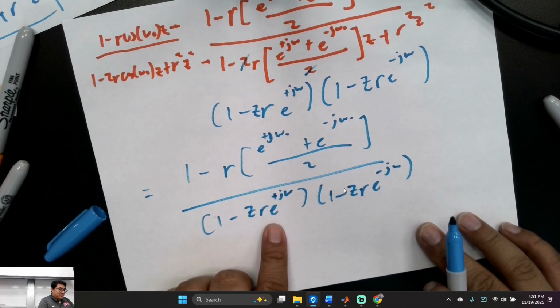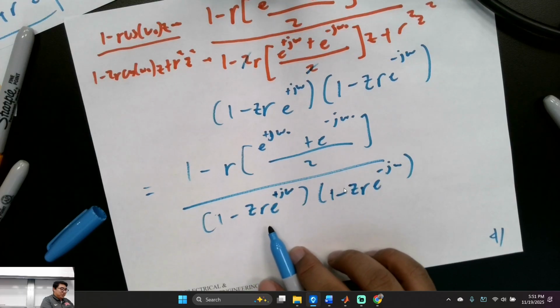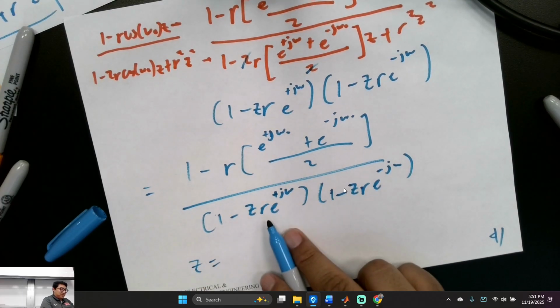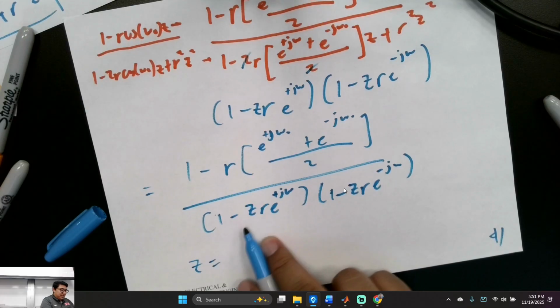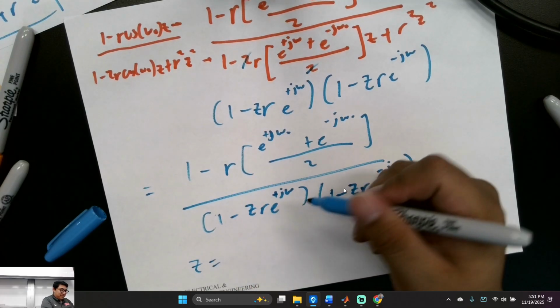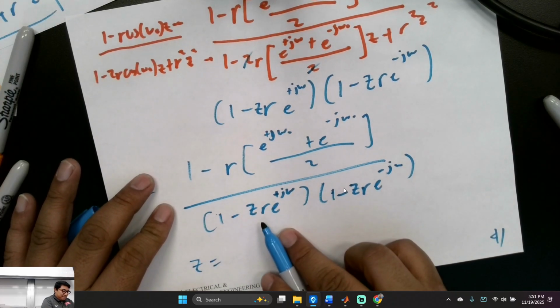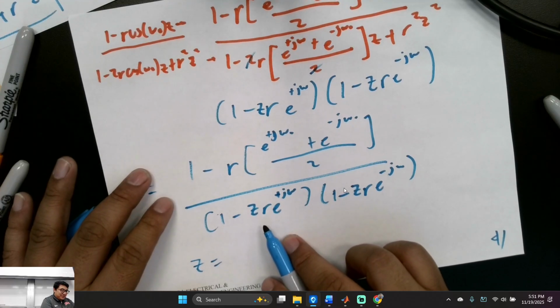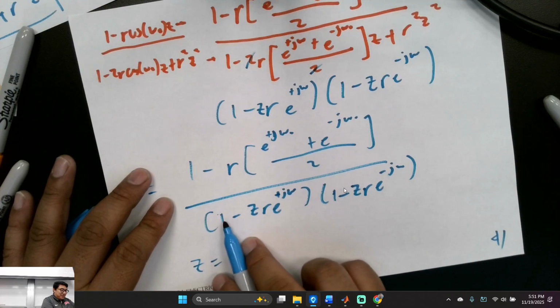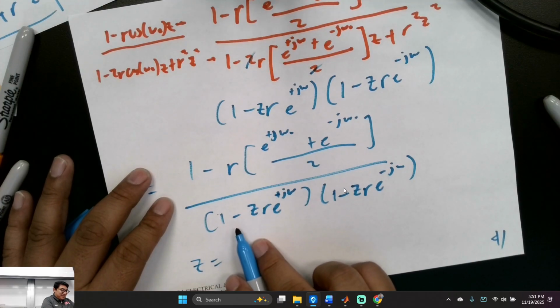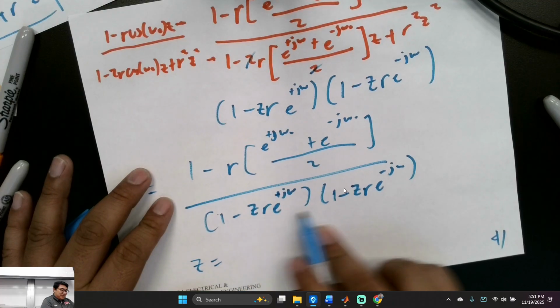This right here, though, if you wanted to, you can solve for this pole, where z is equal to, how do I want to get rid of this? Let me see. I don't want to cancel this one, because we want to get rid of this guy. This has to equal 0.